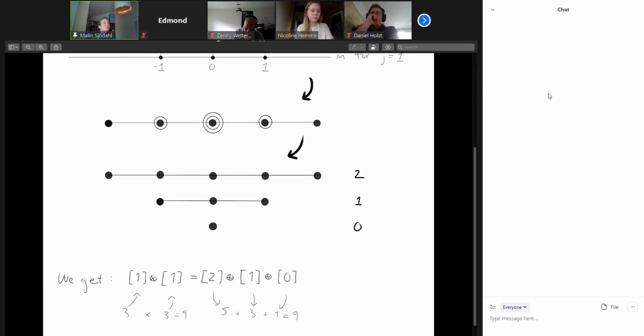So you have then proved graphically that the 1 times the 1 representation gives you 1 spin 2 representation with 5 states, 1 spin 1 representation with 3 states, and 1 spin 0 representation with just 1 state. Yeah, good. That's right.